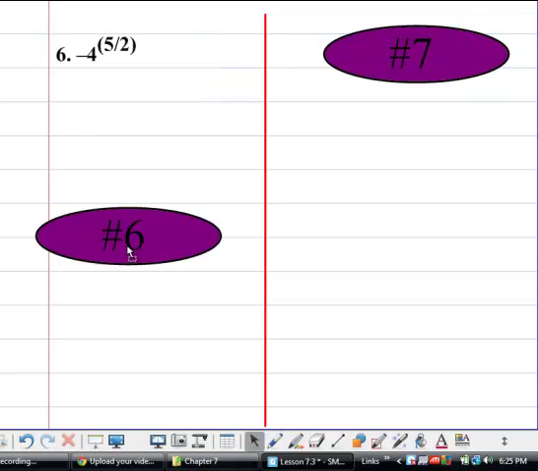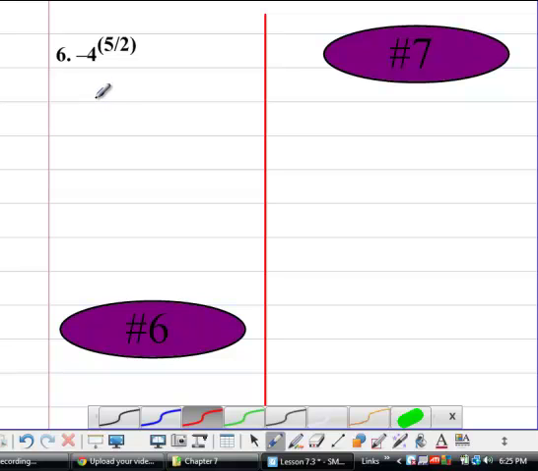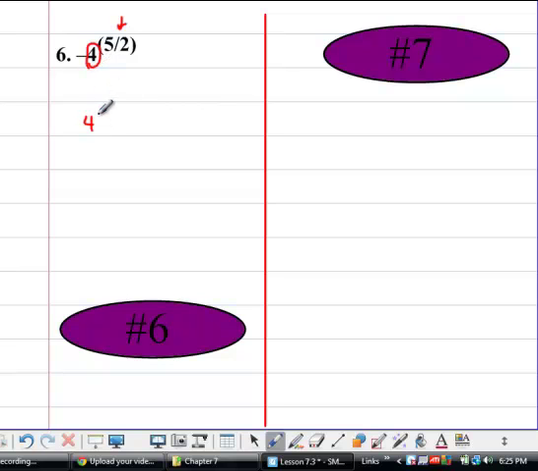Let's see. Here's number 6. Oh, this is getting to be easy now. Ooh, tricky, tricky. Oh, Fenway agrees. Who is getting raised to the 5/2 power here? Just the 4. So 4 raised to the 5/2 power. By now I think you realize that it's easier to do the root first.